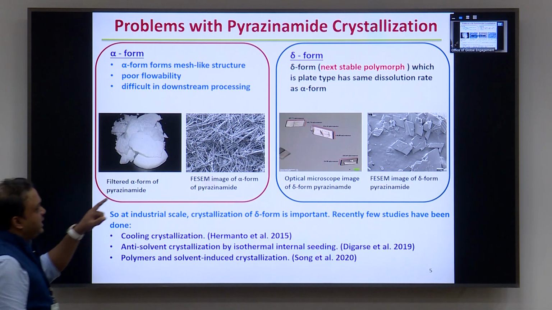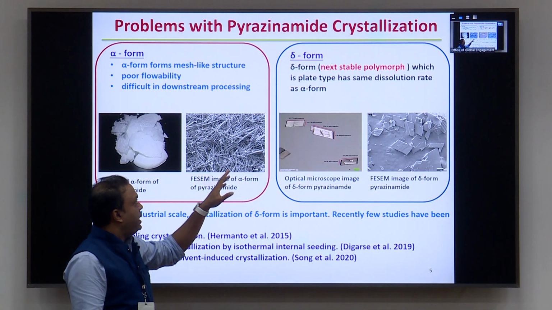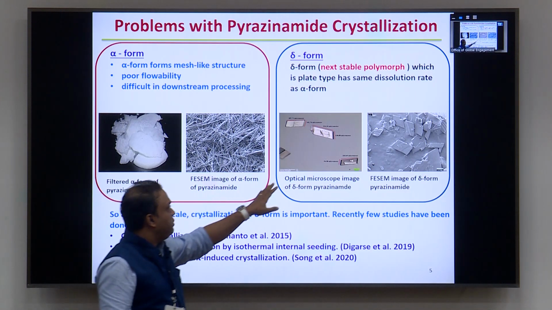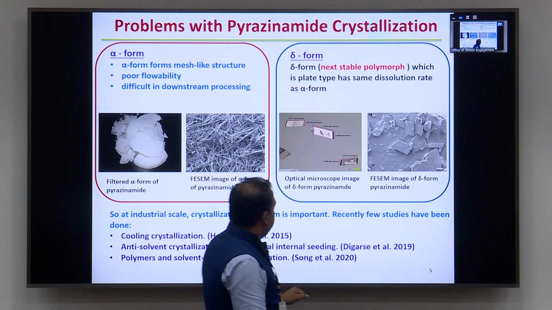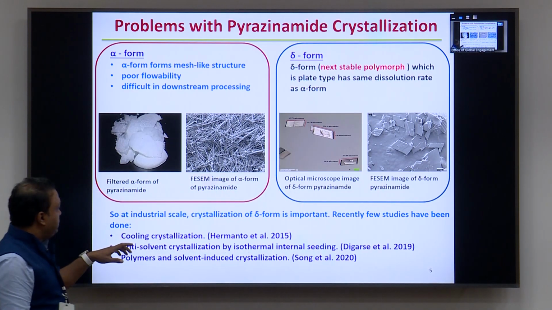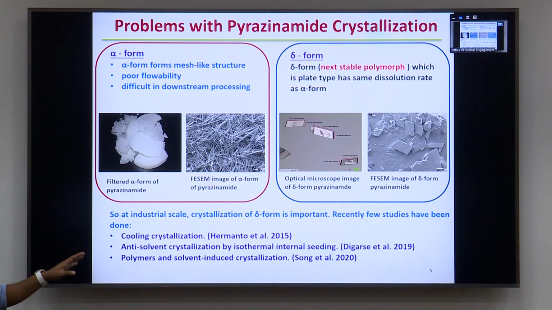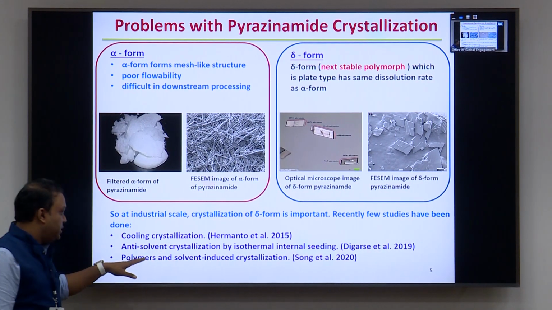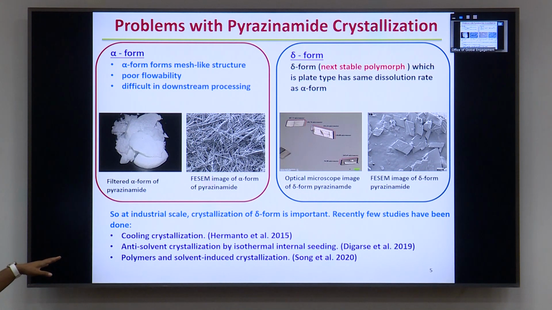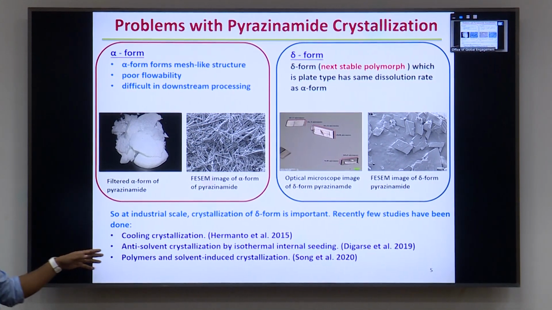Again, it has the same dissolution rate as the alpha form, and here we can see the optical as well as SEM images of that. Several studies have been done to crystallize the delta form, namely cooling crystallization, anti-solvent crystallization, and polymer or solvent induced crystallization.